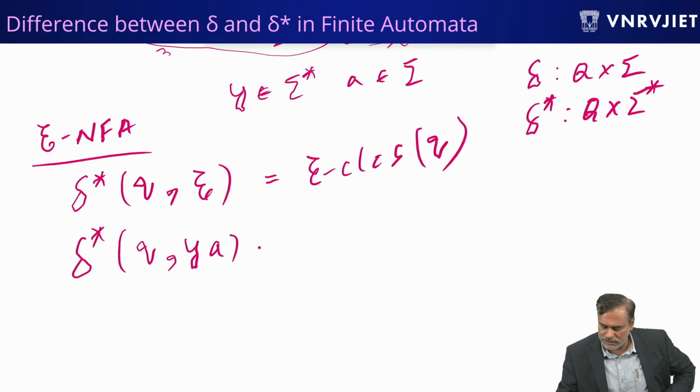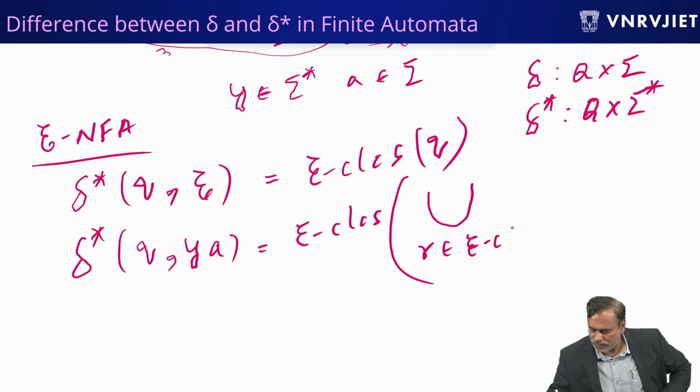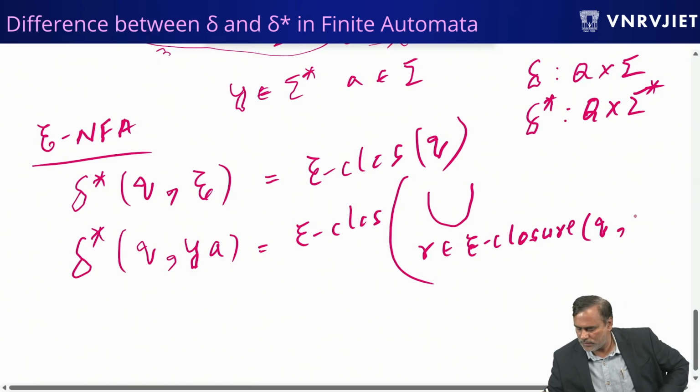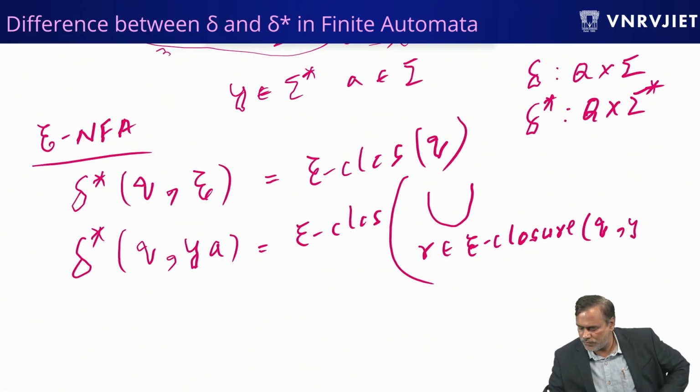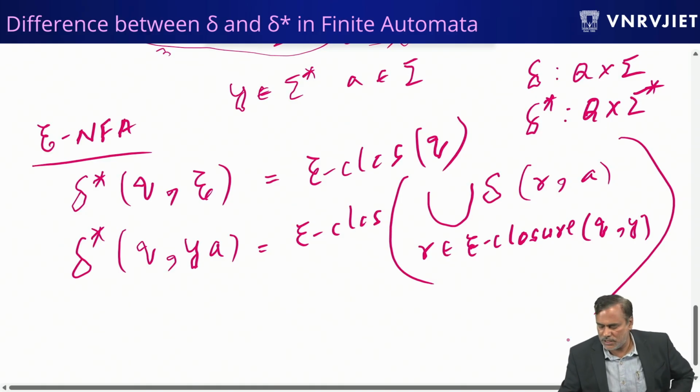So delta star of QYA is the epsilon closure of the union of delta of RA, for R belongs to the epsilon closure of delta star of QY. This is the definition for this epsilon NFA.